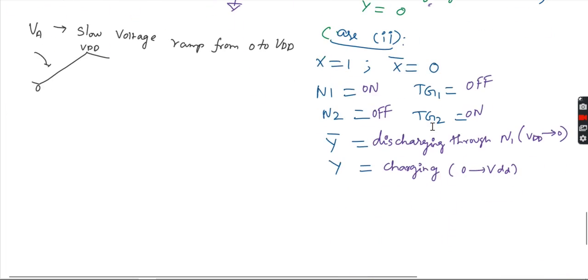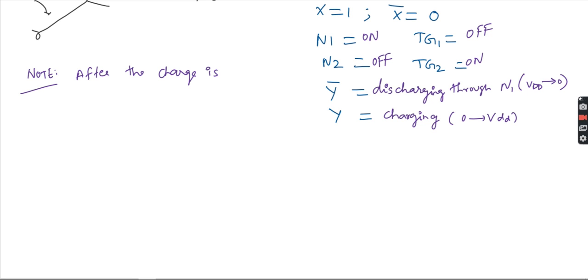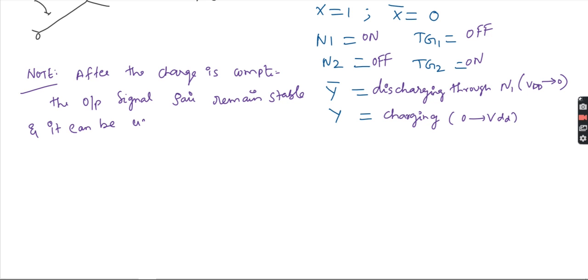Now, what we need to note clearly, this is the important note: after the charging is complete, the output signal pair, that is Y and Y bar, remains stable and can be used as input to the next stage.